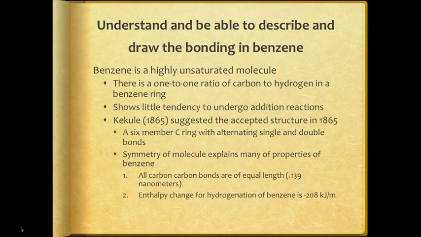For example, all the carbon-carbon bonds are of equal length, and the enthalpy change for hydrogenation of benzene is a negative 208 kilojoules per mole, making it a very stable molecule.